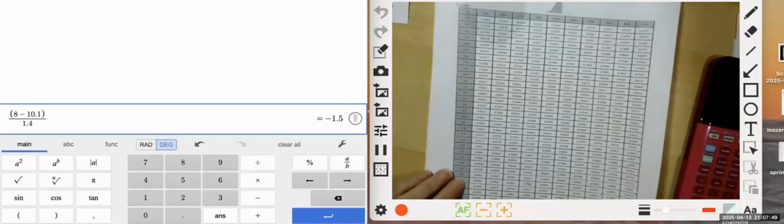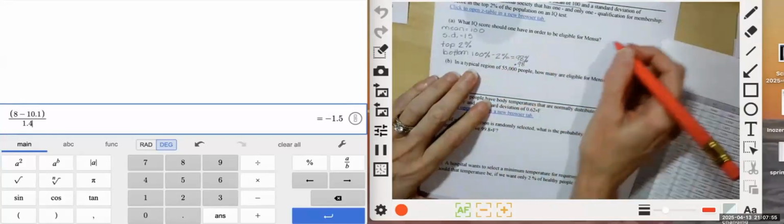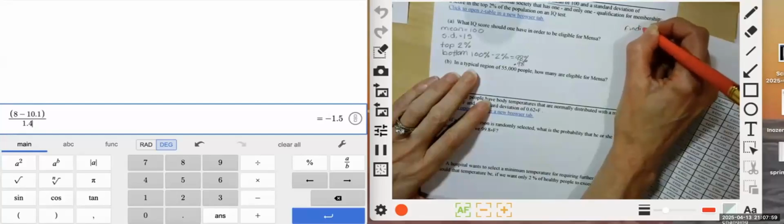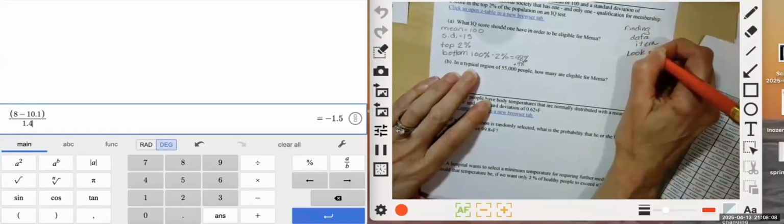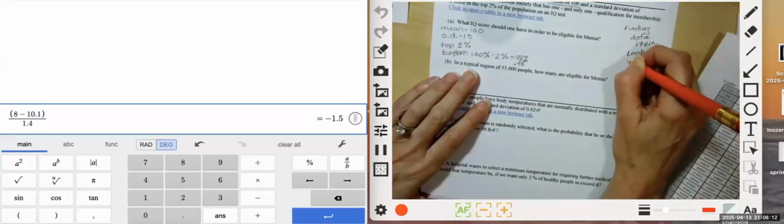You're going to be inside in the white. Anytime we are finding a data item, we look up the percent inside the table.